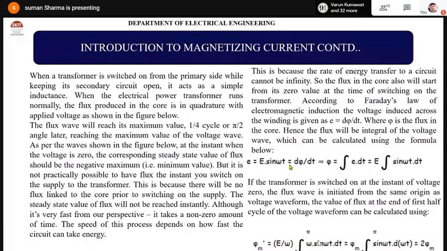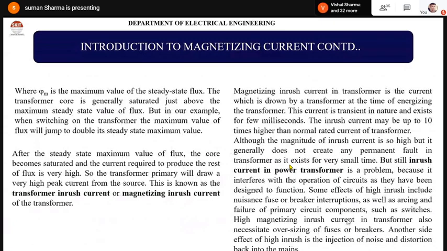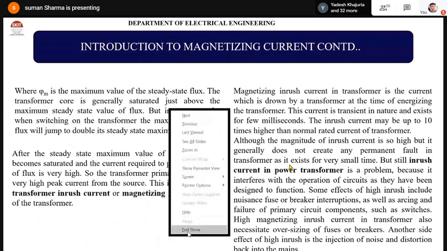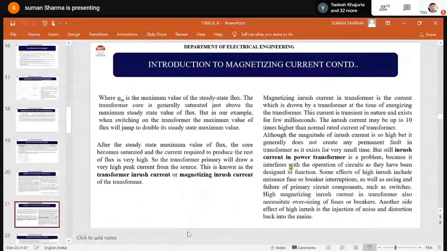over the complete cycle, where phi m is the maximum value of the steady state flux. Transformer core is generally saturated just above the maximum steady state value of the flux. Is it clear?